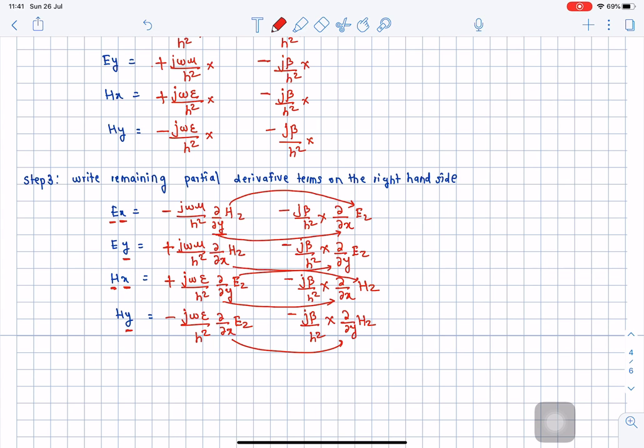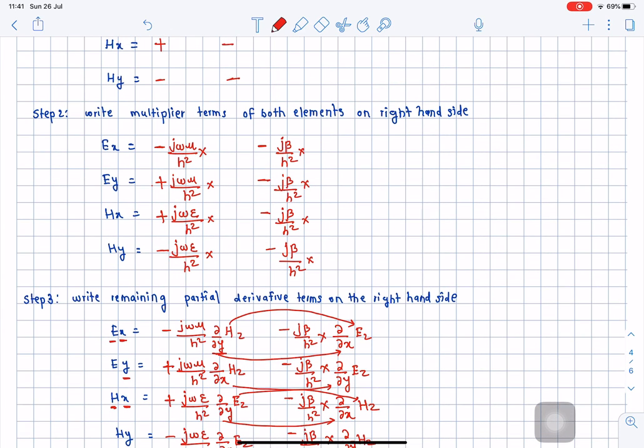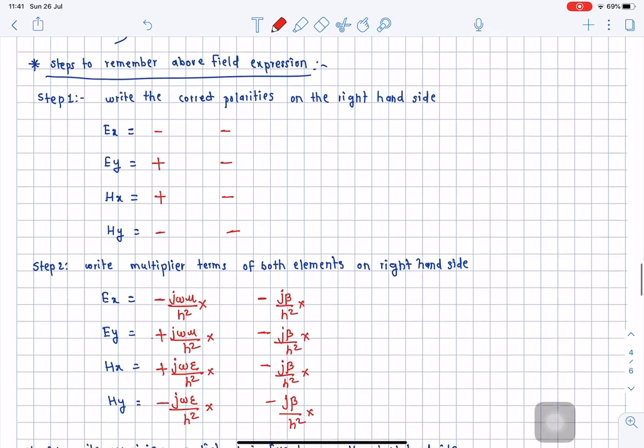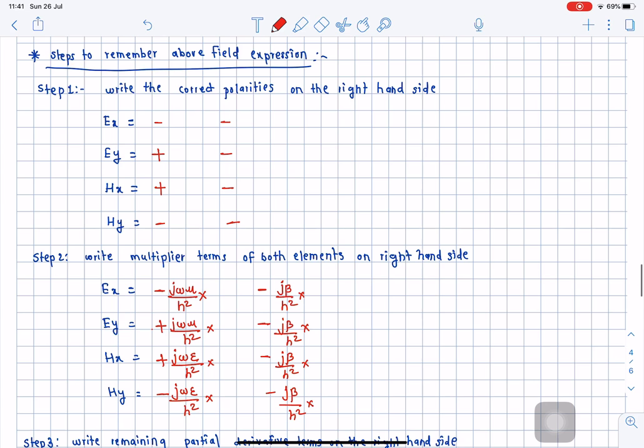Okay, so I hope you understood the whole derivation part and the objective of why we have done it so far, and very importantly, at least you should know how to remember these equations in a shortcut way, which I have just presented.